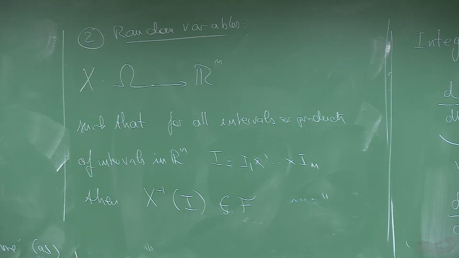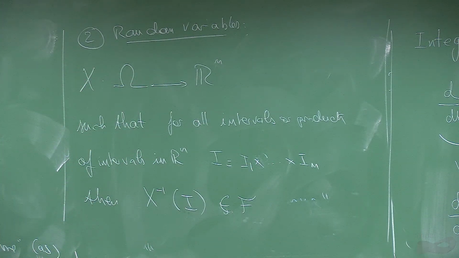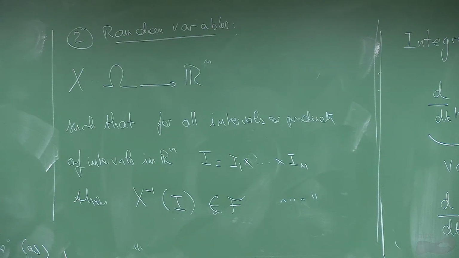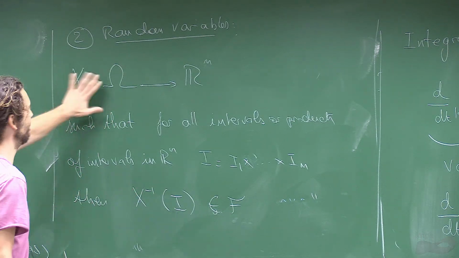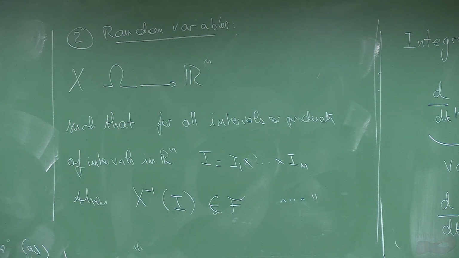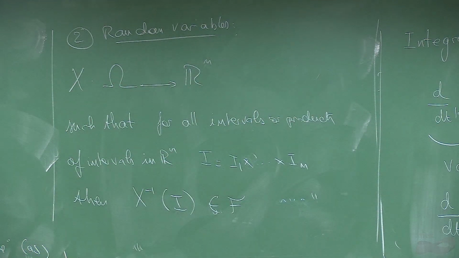Exactly. And basically, these products of intervals generate all the objects that you can measure in Rn. And so that's a way to transport a measure from a space where you can measure to another space. And so with that, we can define the law of X.